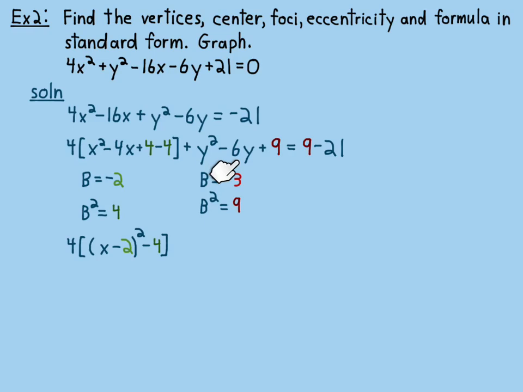Okay, and then I'm going to do the same kind of thing with this trinomial here. It factors as a perfect square. It'll be y minus 3, the quantity squared. And there's nothing left over on that. The 9 is on the other side of the equation already. So I just took 9 minus 21 on the right side and got negative 12.